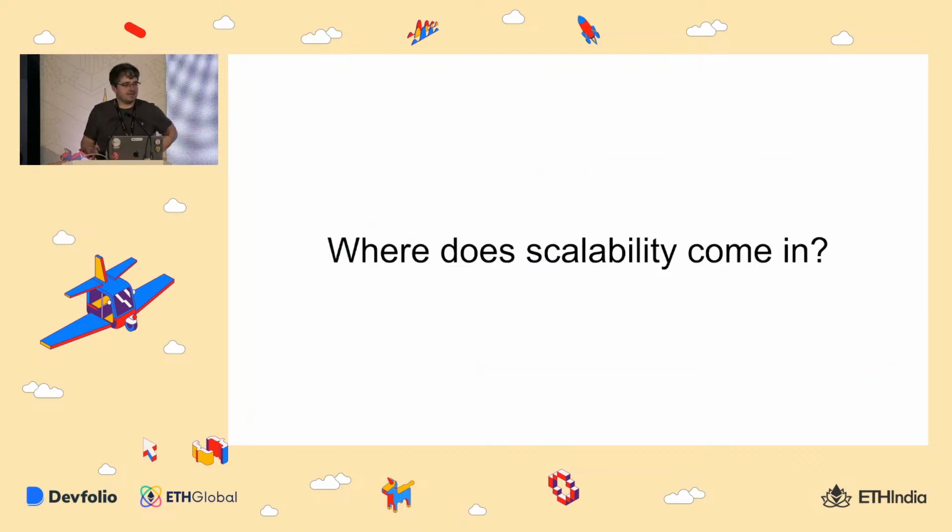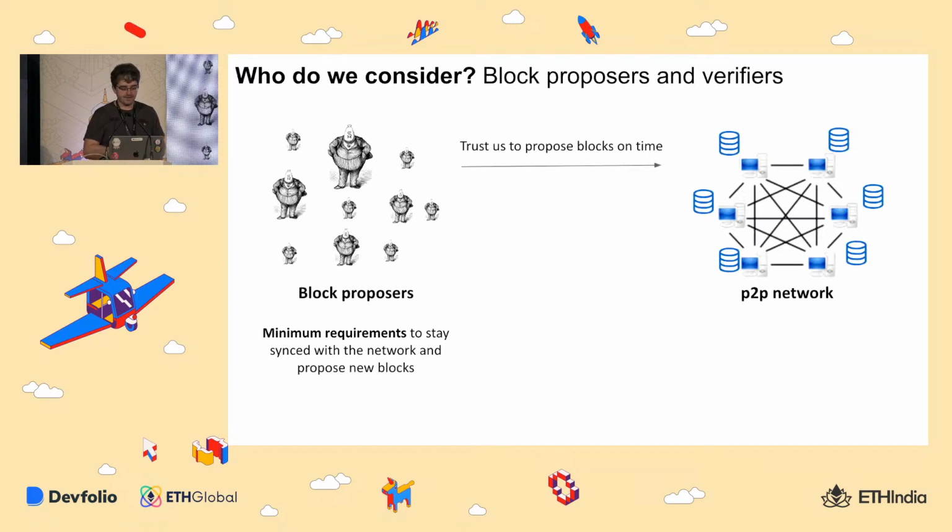So where does scalability come in? If this is how the system works, what does it mean to scale this type of system? Well, we have to consider two actors. The first are the block proposers. When we think about scalability, what are the minimum resource requirements needed to be a proposer on the network?